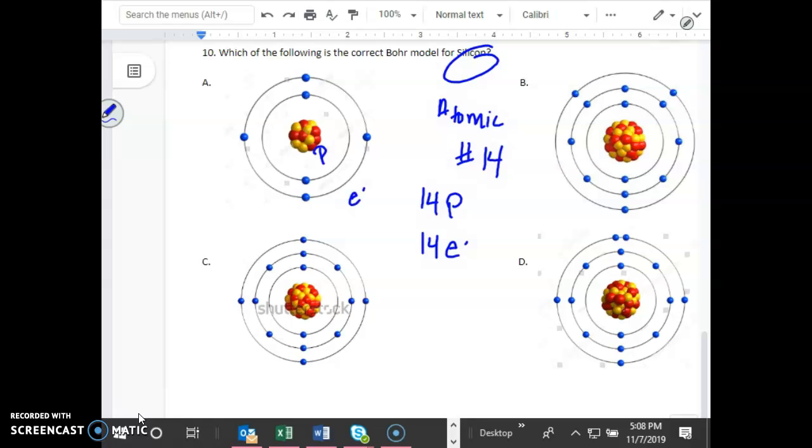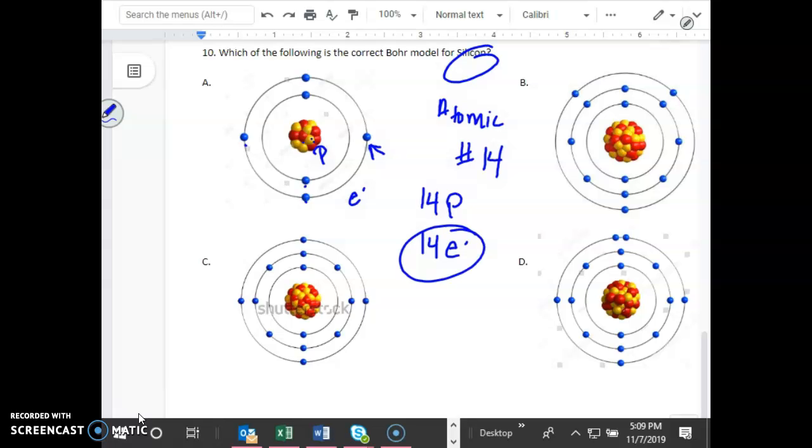The electrons are out here outside. It's kind of hard to count these, they're all smushed together. I know on your paper especially it was black and white, so it's really hard to figure out which ones of these are the protons and which ones are the neutrons. But we know the only thing on the outside out here are your electrons. So we can count the electrons and see which one of these has 14 electrons.